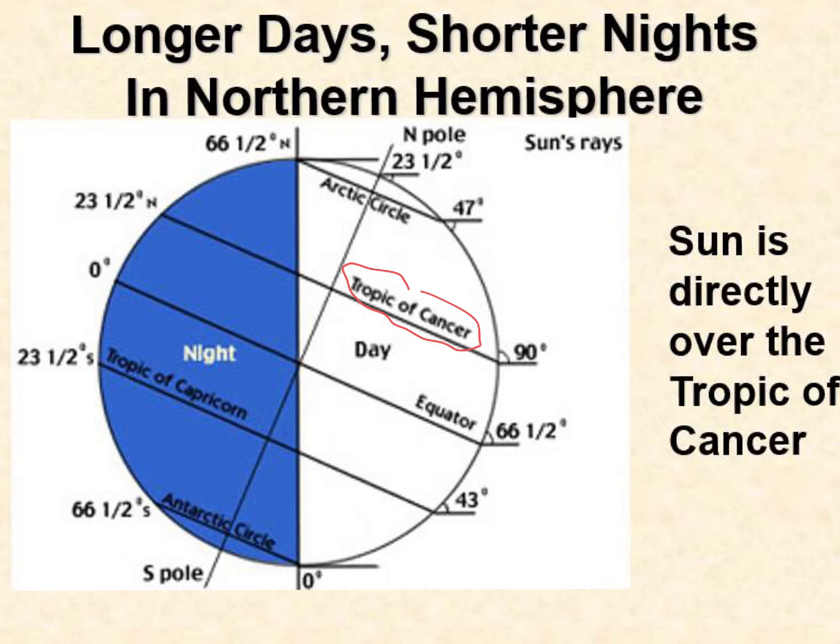It gets the most direct solar rays today because of Earth's 23.5 degree tilt. Can you see that more than half of that line lies within the daylight side and only a small part of it lies in darkness? The farther north you go, the more hours of light you have. Polar bears living north of the Arctic Circle would have 24 hours of light at this time of year.